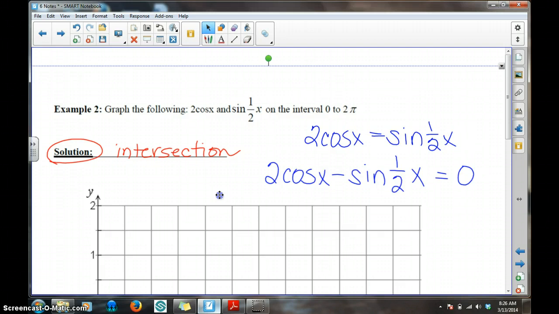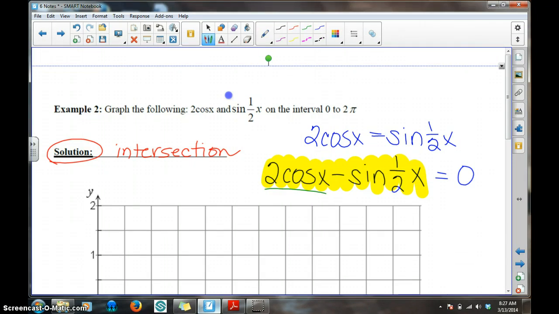Having said that, it's worth saying, because it's going to be one of the possible questions that they could ask you, that the way you would read this mathematically is the height of the 2 cos x graph has a value that is higher than the height of the sine 1/2 x graph by a value of 0.